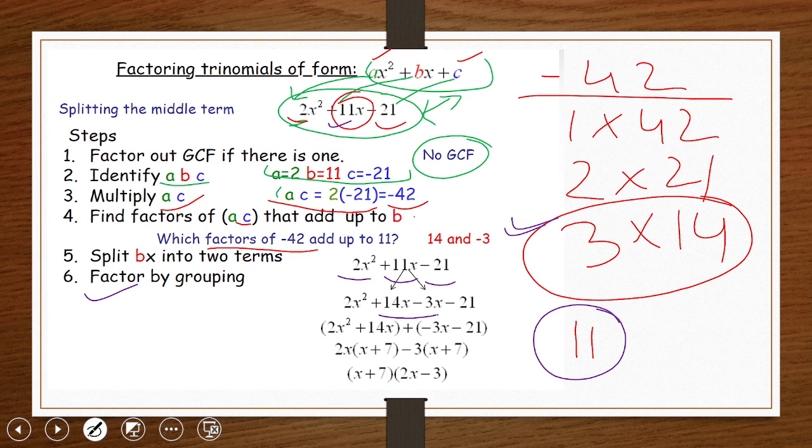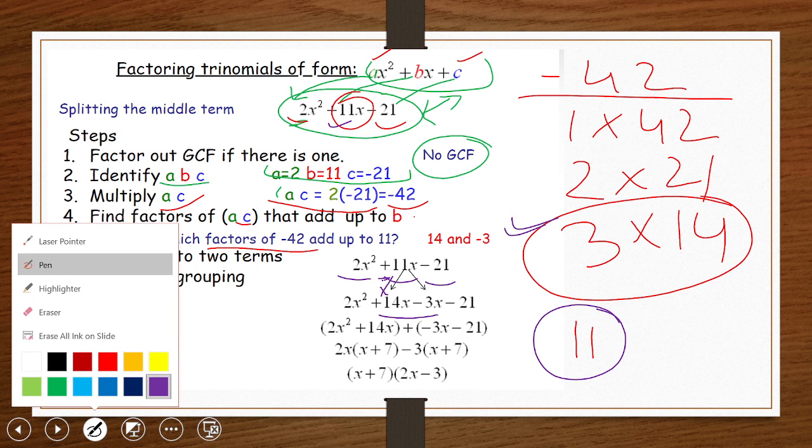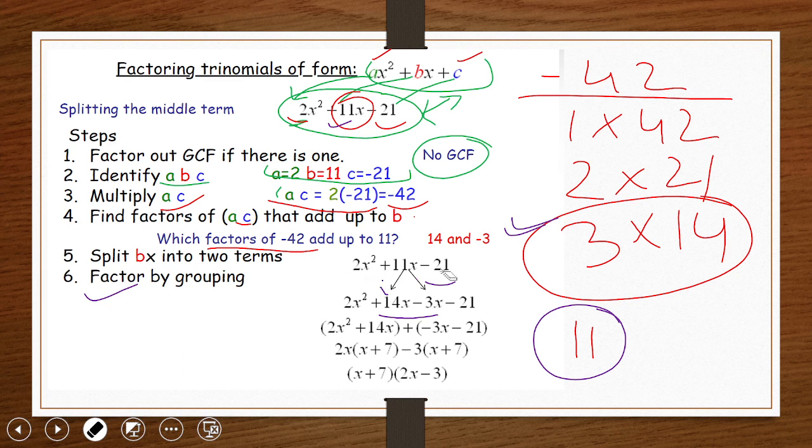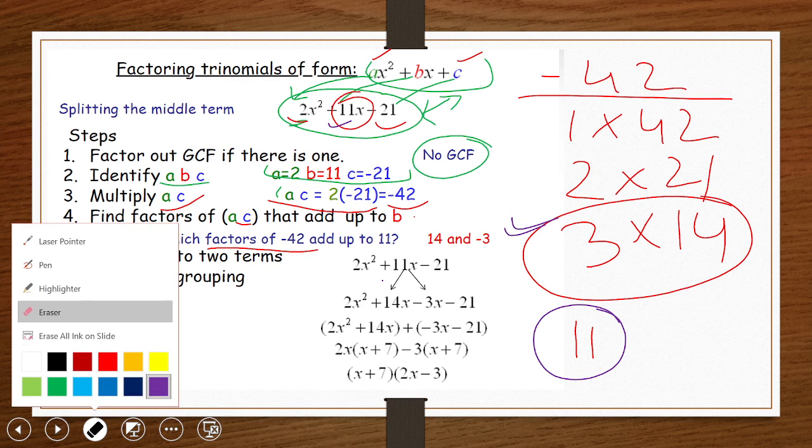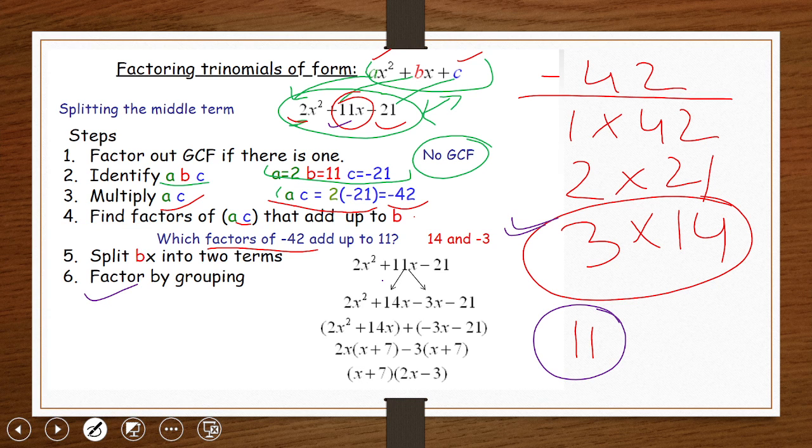Now in the sixth part, I am showing this expression 2x² plus 11x minus 21. I have split the middle term. Which sign do we have to keep? 11 is a positive number, so we keep the bigger number positive, that is 14x minus 3x. 14x minus 3x will give us plus 11x.